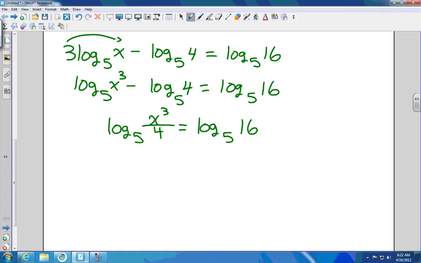So how many logarithms do we have there now? Just 2. And going back to the previous sections that we've done, since you have the same log on both sides, you can set this part equal to each other. So x to the third over 4 equals 16. And how will we solve that?